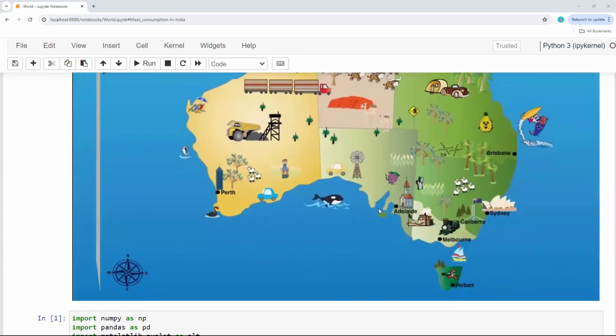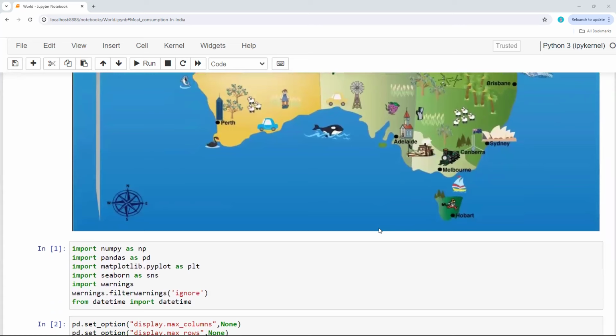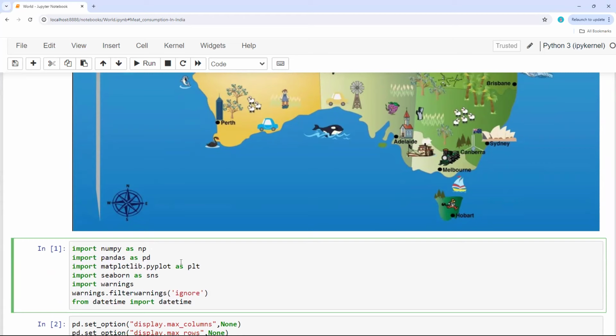First of all, let me import all the necessary libraries to analyze the data. NumPy for mathematical computations, and Pandas for data manipulation. Matplotlib.pyplot as plt, for the visualization part. If I want to do any further advanced visualizations, I need to import Seaborn, one of Python's visualization tools, so I have imported Seaborn as sns.